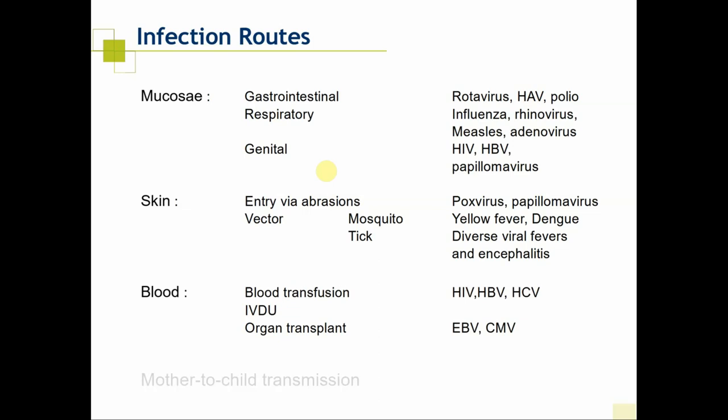And last but not least, very important, is mother-to-child transmission. This is a huge thing for hepatitis B, for example. For HIV it is very important, and this occurs either in utero during the pregnancy, but it can also occur during birth or after birth with milk, with breastfeeding. So some viruses can be excreted in breast milk and can infect infants.